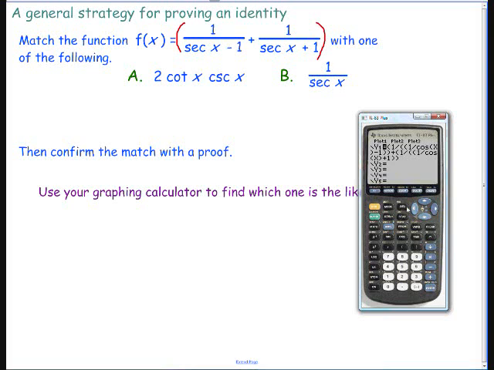Okay. Now we're going to do a zoom trig. Okay, so that's what that one looks like.